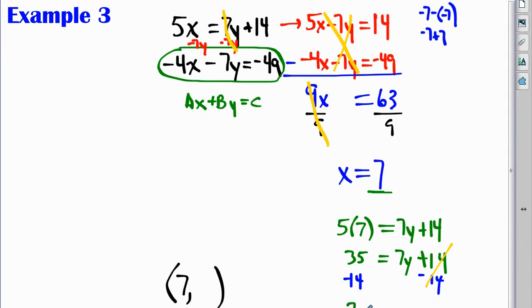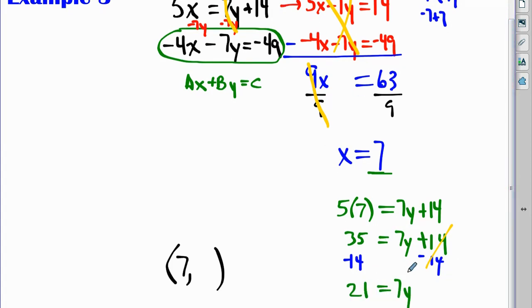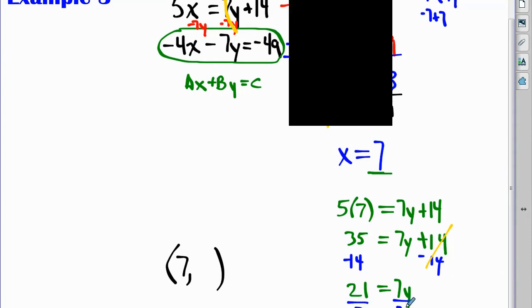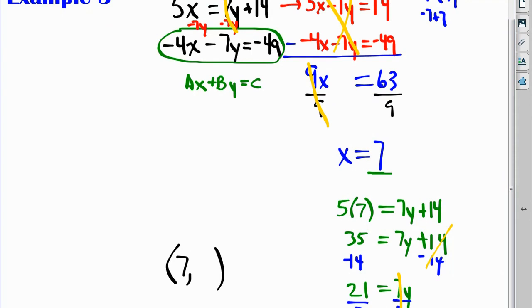So 21 equals 7y, and then dividing by 7, we get 3 is equal to y. All right, so then that can go in our ordered pair here.